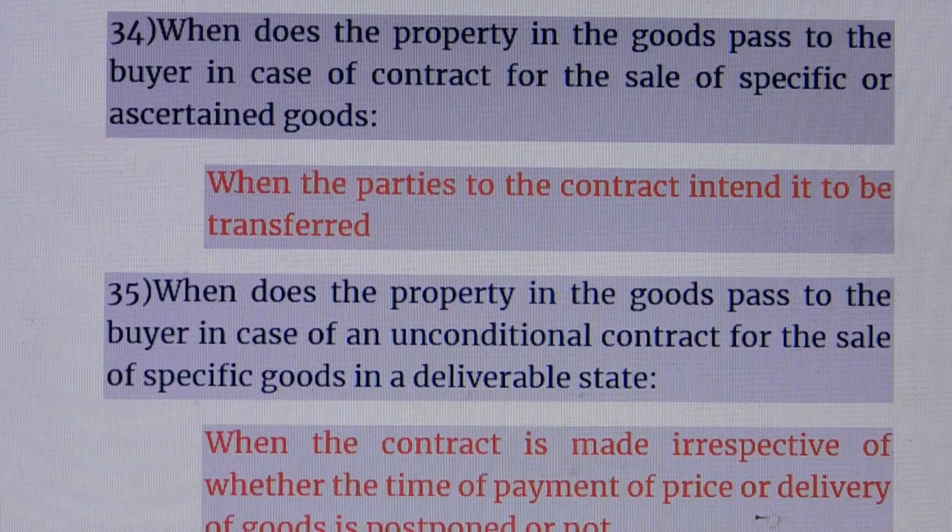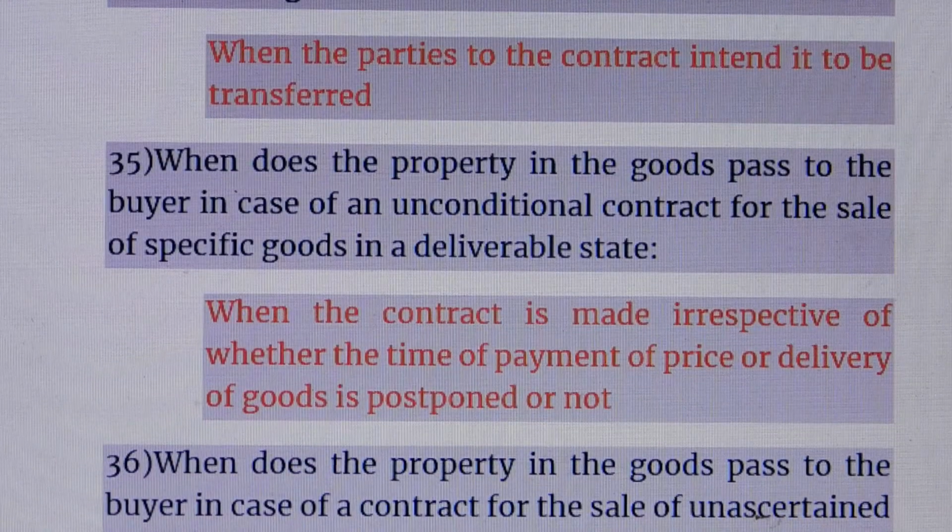Question number 34. When does the property in these goods pass to the buyer in case of contract for sale of specific or ascertained goods? Answer is when the parties to the contract intend it to be transferred. Question number 35.